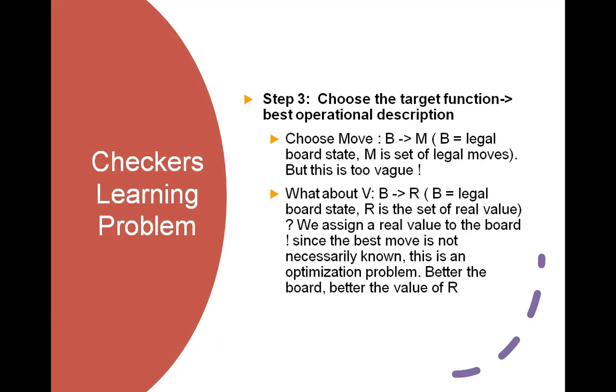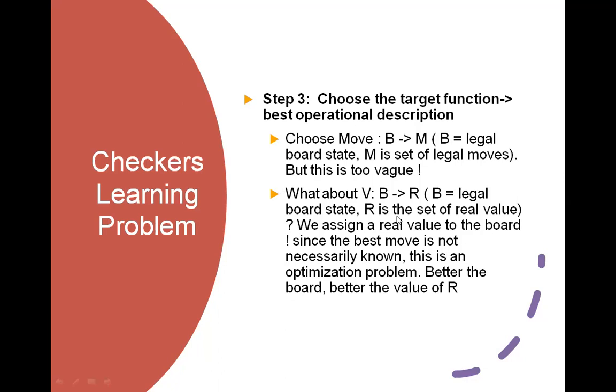If you are in the current board state and you make a move, how much score are you going to get with that move? If it is a good score, I will take that move. If it is not, then I will not. Or if you have 10 possible moves, whichever has the highest score, I will make that move. Is it clear? In a particular board state, whether it has 100 moves or 20 moves, whichever is the best move, whichever gives the highest value, I will make that move.